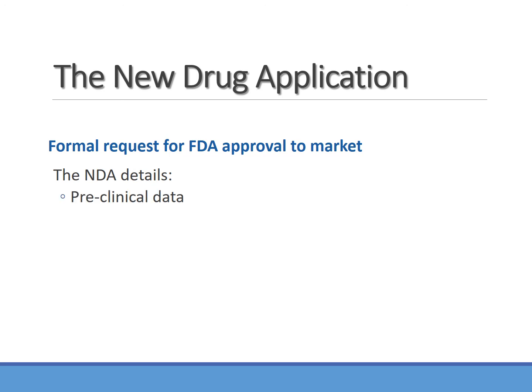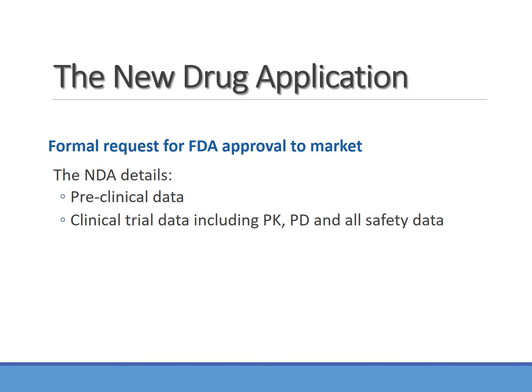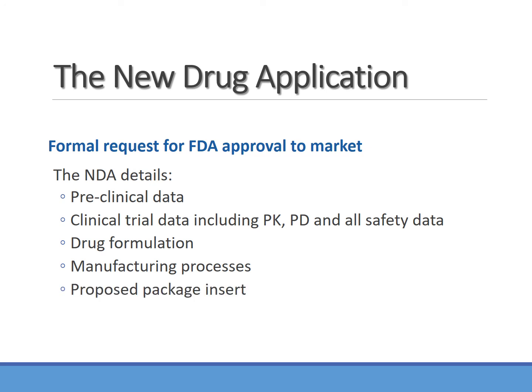Preclinical data, so everything that was done with animals, all of the clinical trial data from every site, from every patient, including all the safety data, all the PK data, all the pharmacodynamic data, everything. The drug formulation, the manufacturing processes. So now you can definitely see where this belongs to the sponsor. The FDA at this point is going to say yes or no.